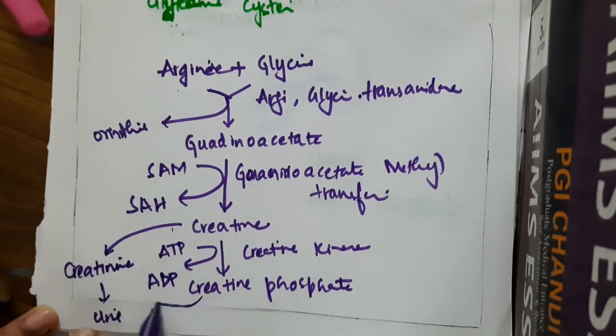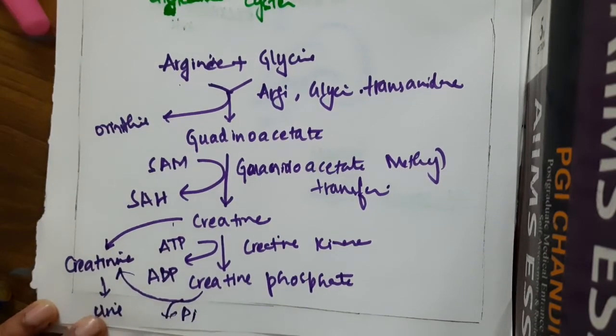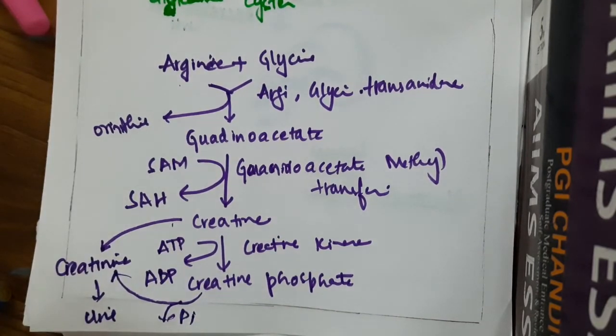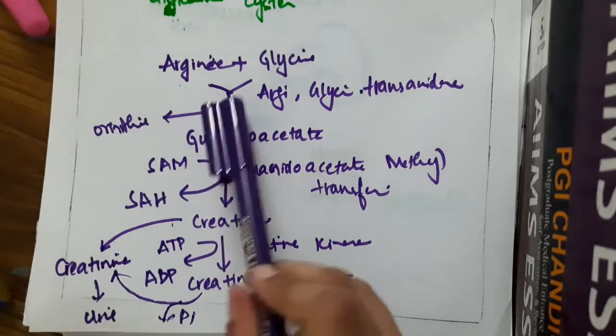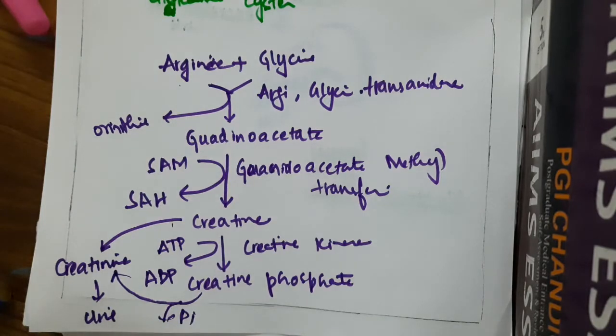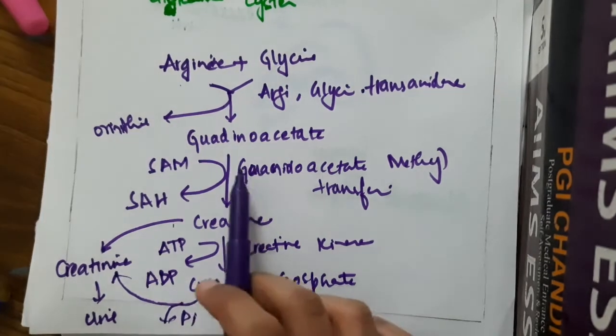From creatine phosphate, inorganic phosphate is removed and it can also form creatinine. So creatinine is produced from the amino acids arginine, glycine and methionine. First, arginine and glycine in the presence of arginine glycine transamidase form guanidoacetate.